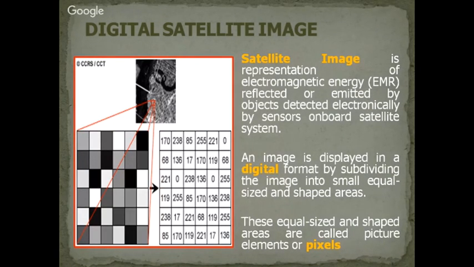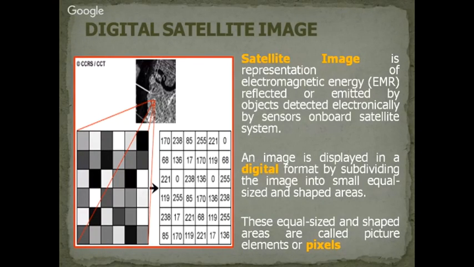Here you see certain values where 0 is written. 0 refers to an area not reflecting any energy, which means it is absorbing almost the entire energy. On the other hand, the higher numbers, for example 255, 238, represent those areas which are reflecting a higher amount of energy.